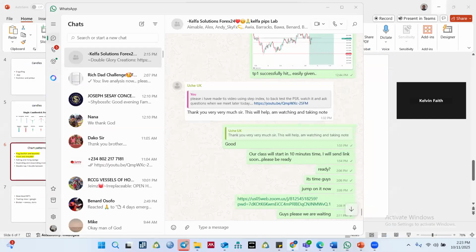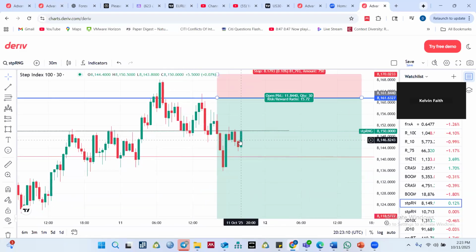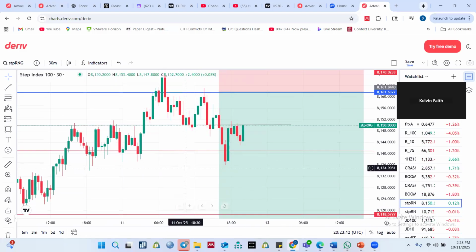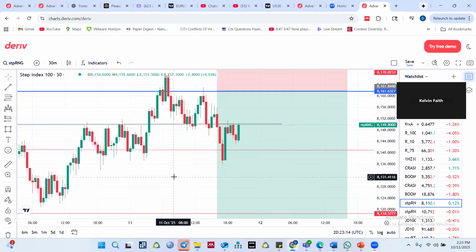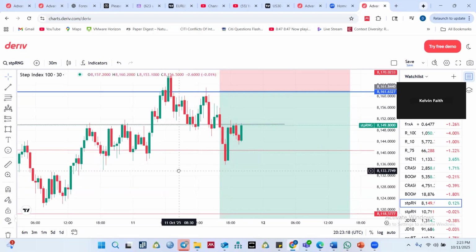Today we want to look at chart patterns. But first, let's see how it is playing out before we come back to the setup on Step Index. We already got TP1, which is this red line.